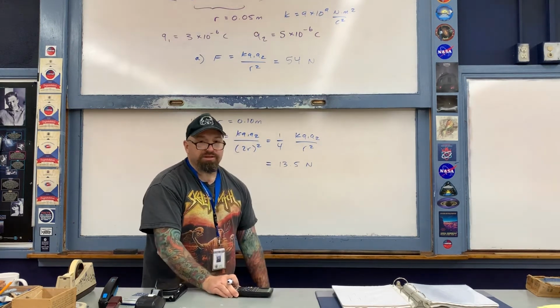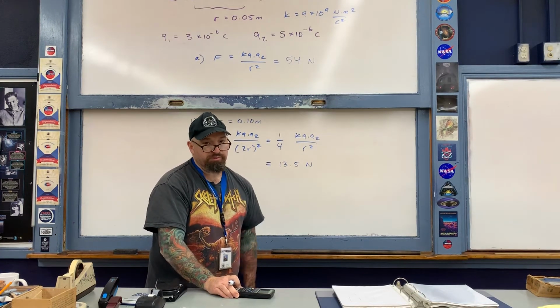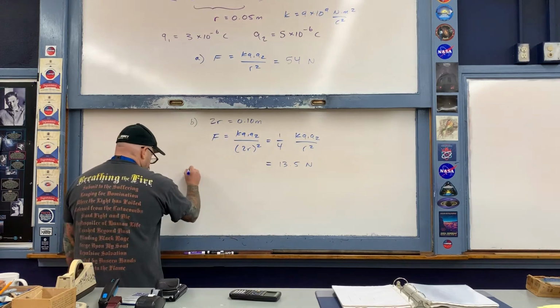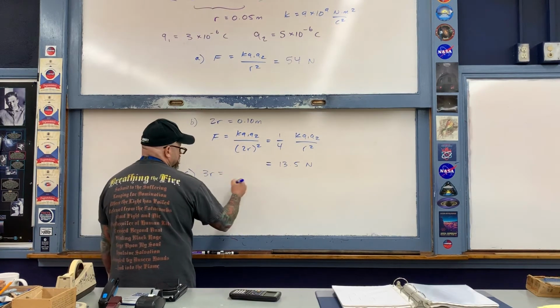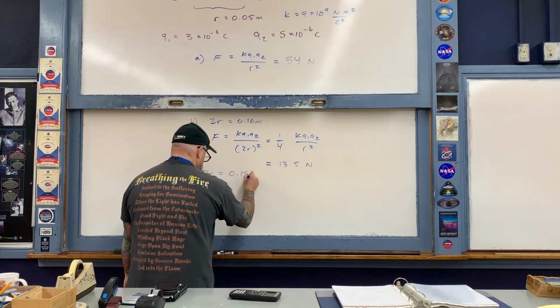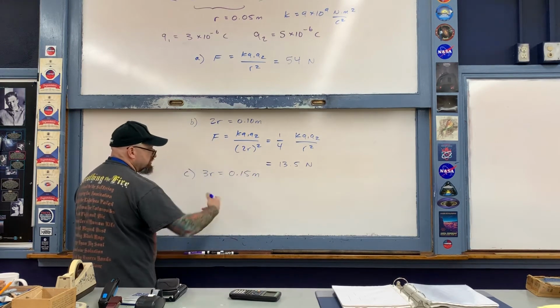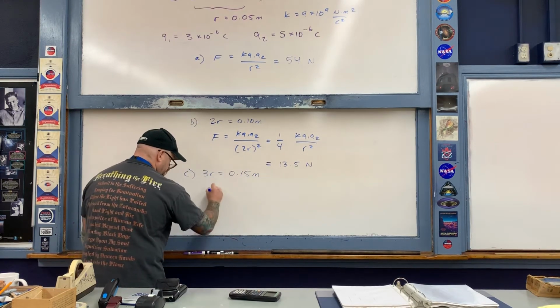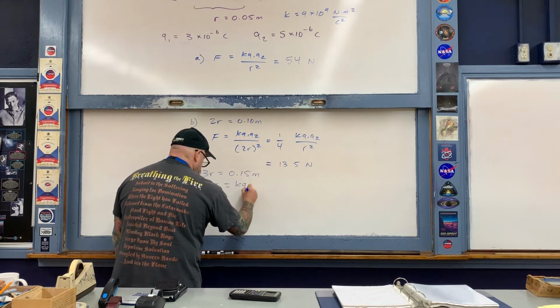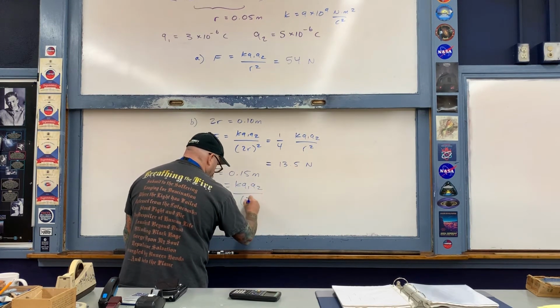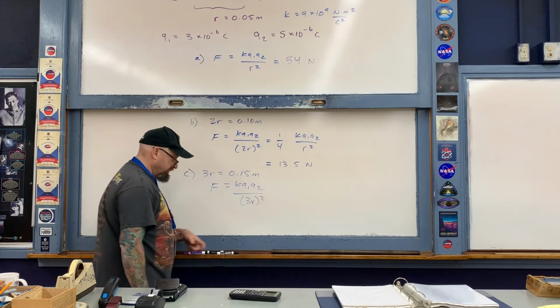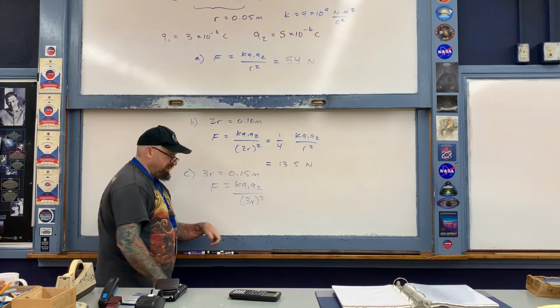And then lastly, in part C of the problem, now we'll just triple the distance between the charges. So now the distance is 3r, that's equal to 0.15 meters numerically. But once again, we can shortcut this problem in the following way. Now the force is going to be K, Q1, Q2 divided by quantity 3r squared. 3 squared is 9.